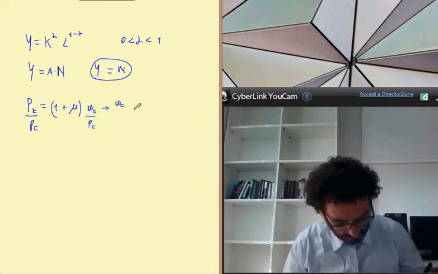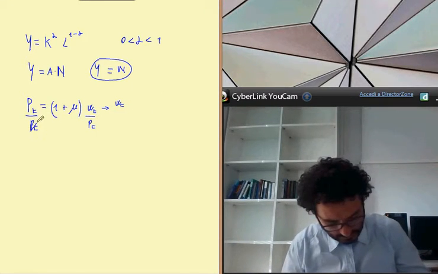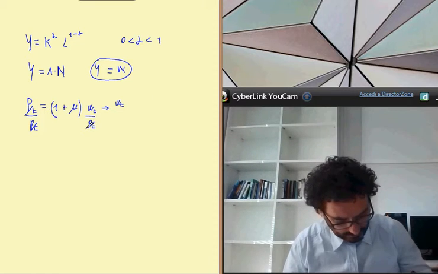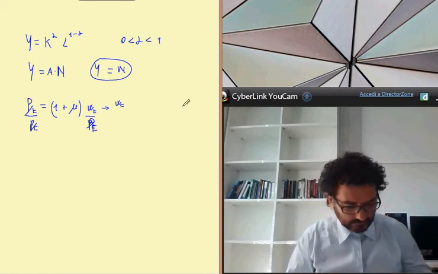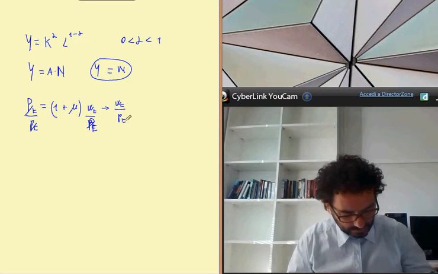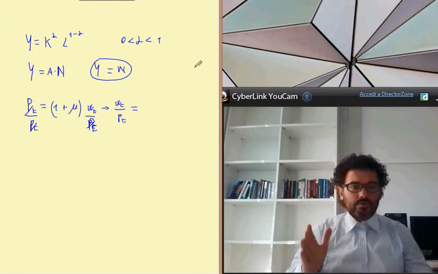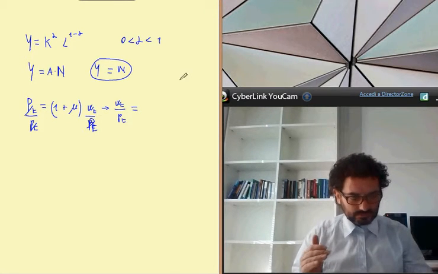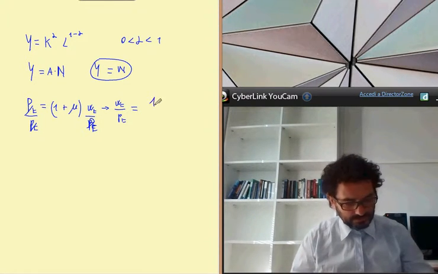The real wage which firms want to pay will be equal to 1 divided by 1 plus the markup mu.